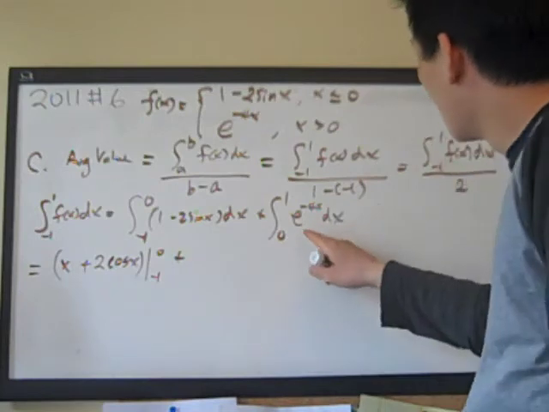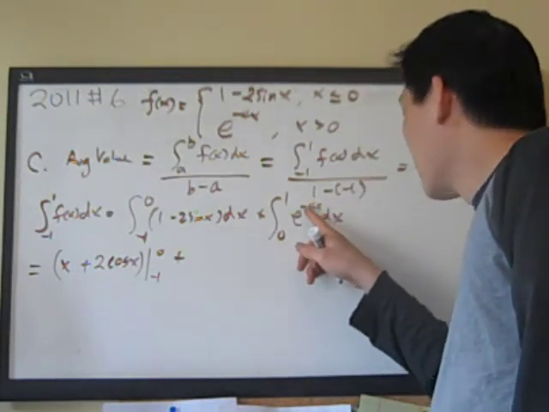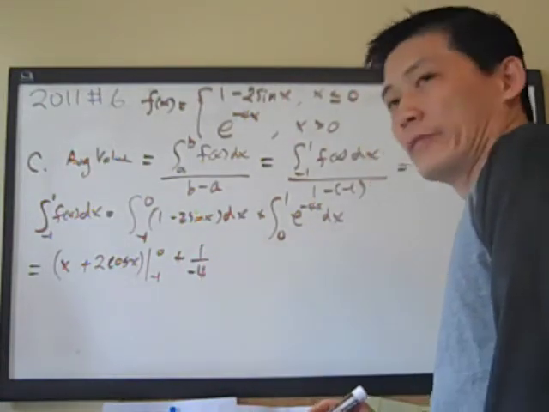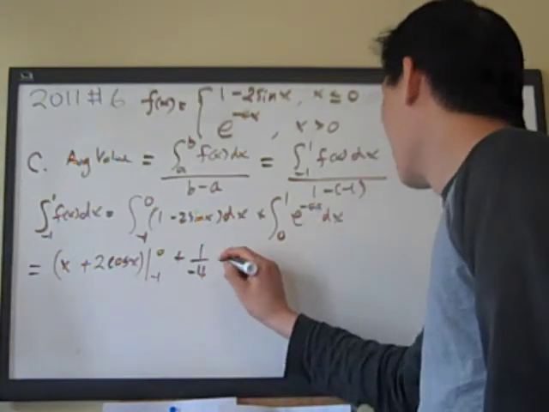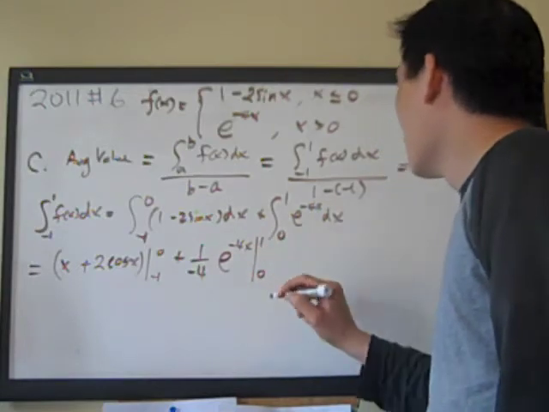Plus, now the integral of e to the -4x dx. The -4 is going to come down to the bottom, so we get 1 over -4, and the integral of e to the u is still e to the u, so we end up with e to the -4x, evaluated from 0 to 1.